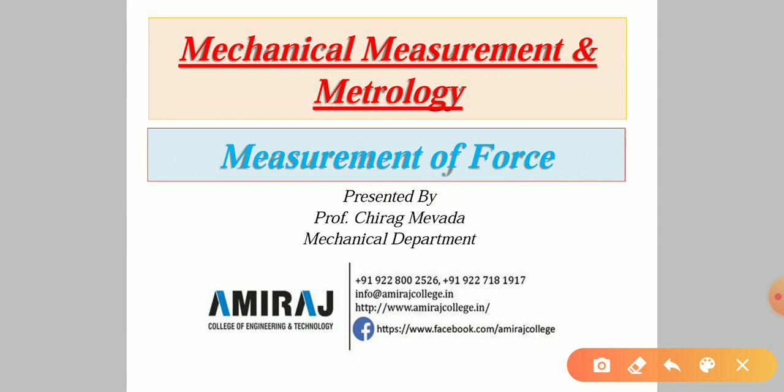Now, basically, force is measured by applying it to a calibrated device which resists the force and indicates or records its magnitude. The various methods for force measurement we will discuss in today's lecture.